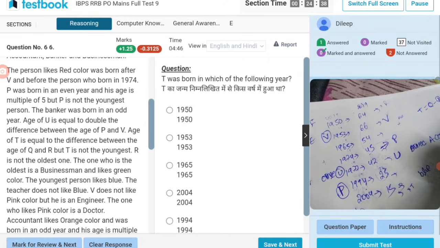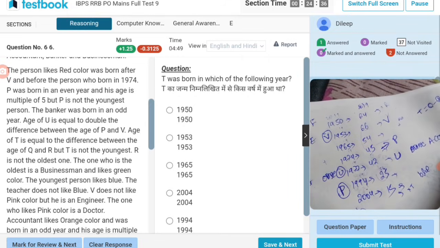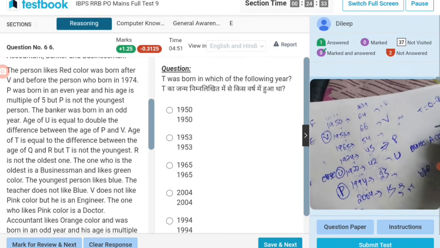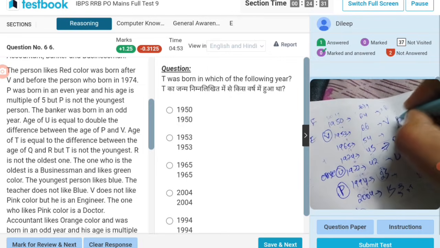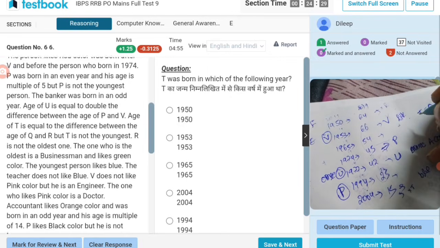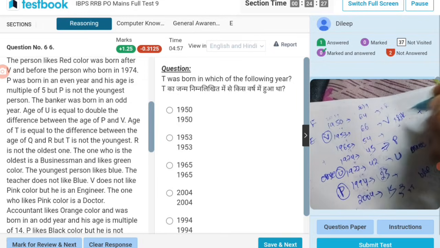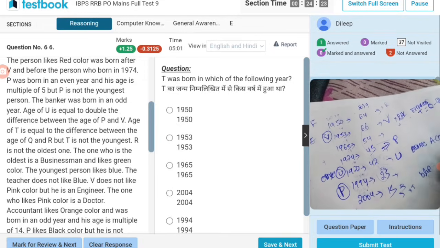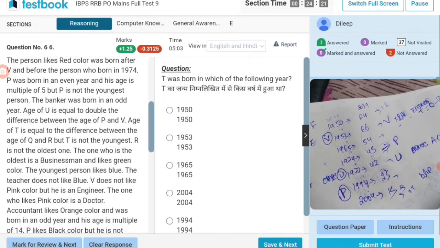Teacher not blue. V does not like pink, and he is an engineer. Pink color is doctor. So pink is doctor.